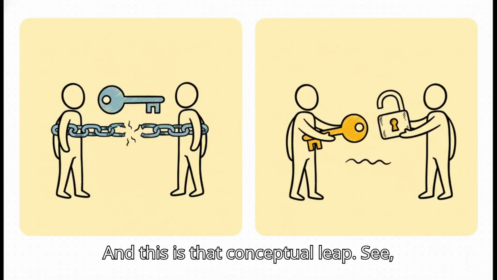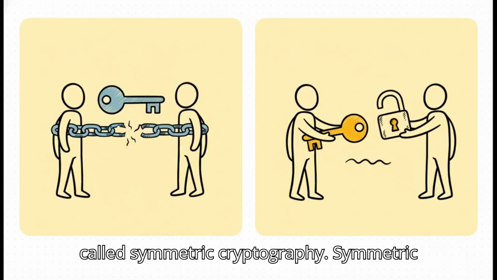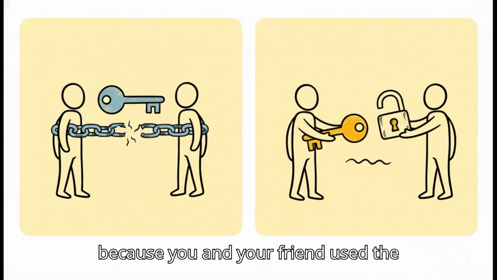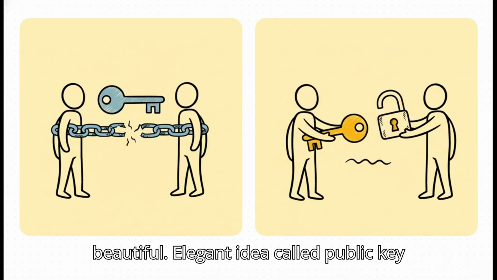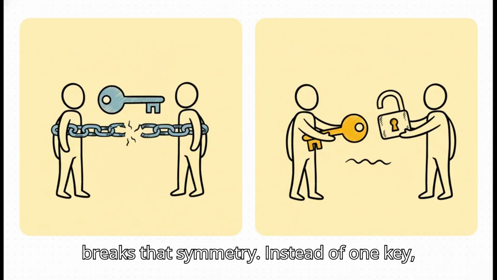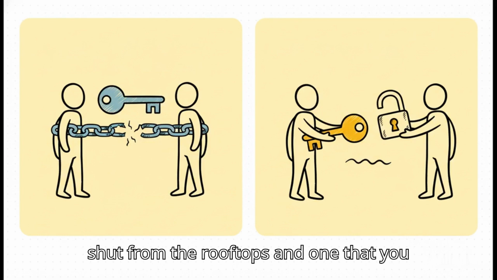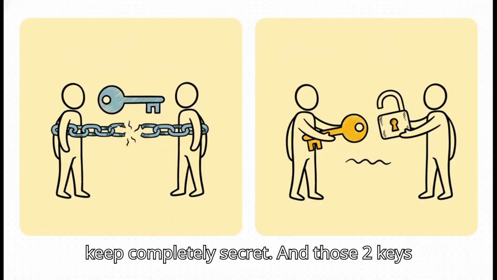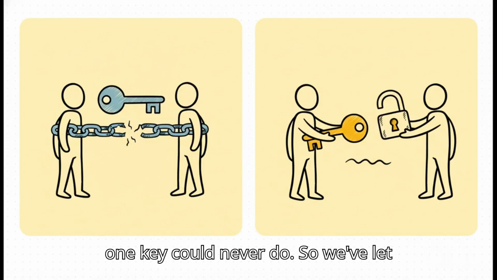And this is that conceptual leap. See, the whole problem came from something called symmetric cryptography. Symmetric because you and your friend use the exact same key. The solution? It's this beautiful, elegant idea called public key cryptography. And what it does is it breaks that symmetry. Instead of one key, you have two different keys that are mathematically linked. One that you can shout from the rooftops, and one that you keep completely secret. And those two keys working together, they do something that one key could never do.